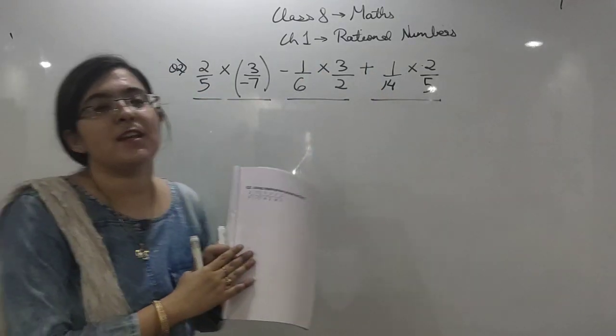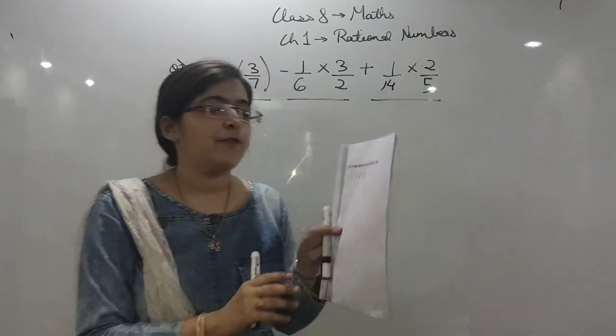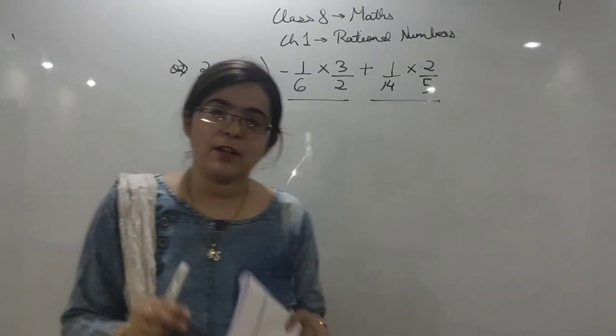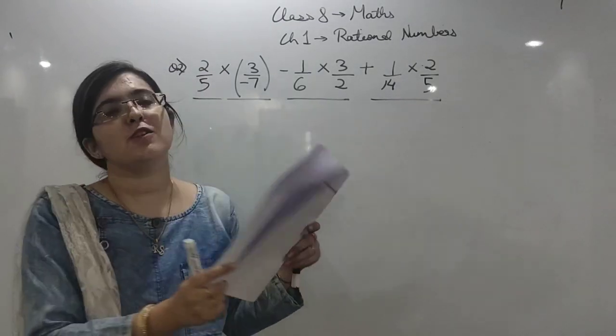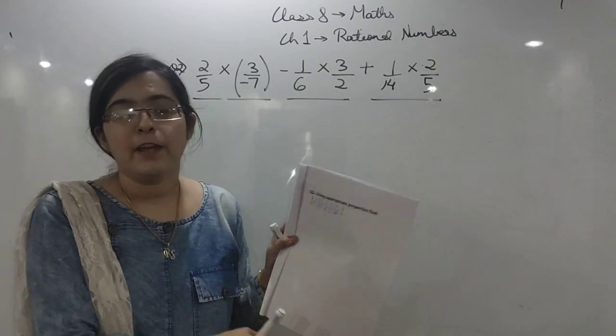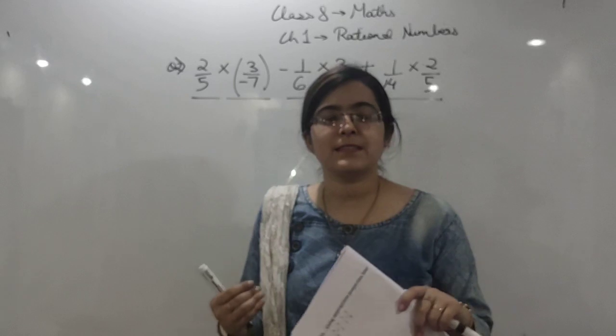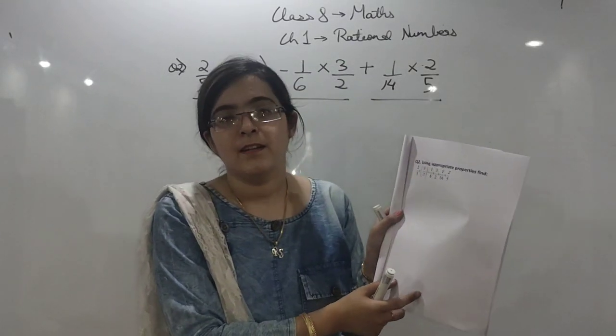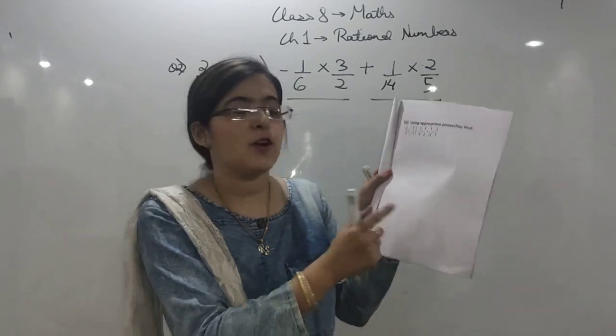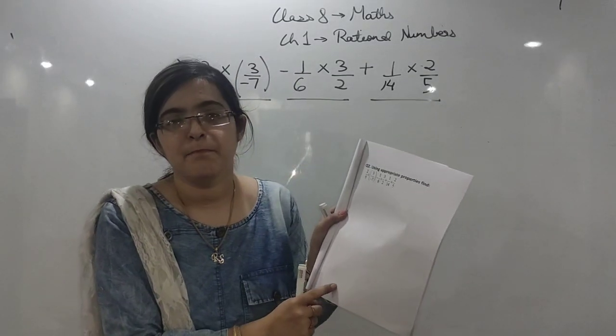Okay, so this question is your homework. You have to solve it. Be honest, just try to solve it by yourself. If you have understood the first question, you will be able to solve this. If you face any doubt, we will discuss it in the live class and you have to tell me the answer. Okay, I will see your worksheet. The answer should be written here.